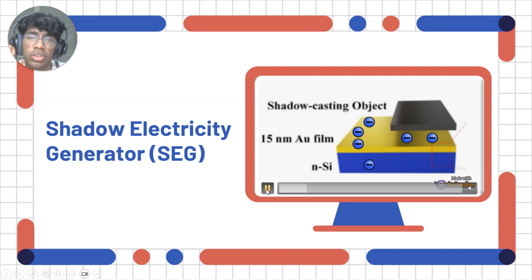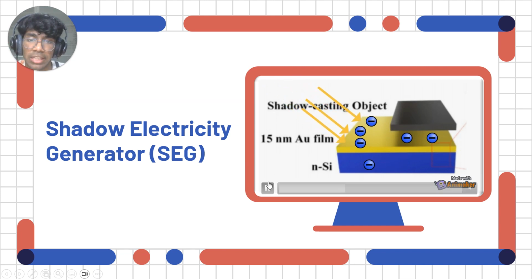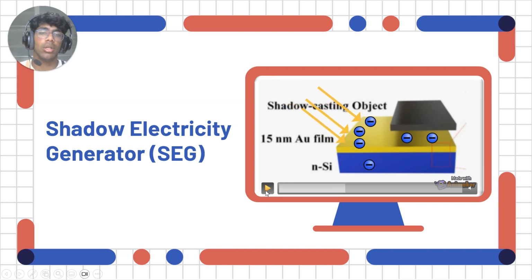Here we can see a normal shadow electricity generator wafer, which is also commonly known as the SEG. There is a normal wafer with a 50 nanometer gold film and an N-type silicon and a shadow casting object. We can see electrons are present all over. When sunlight is incident upon the sunlit area, or the non-shadow area, the electrons present in that area get energized.